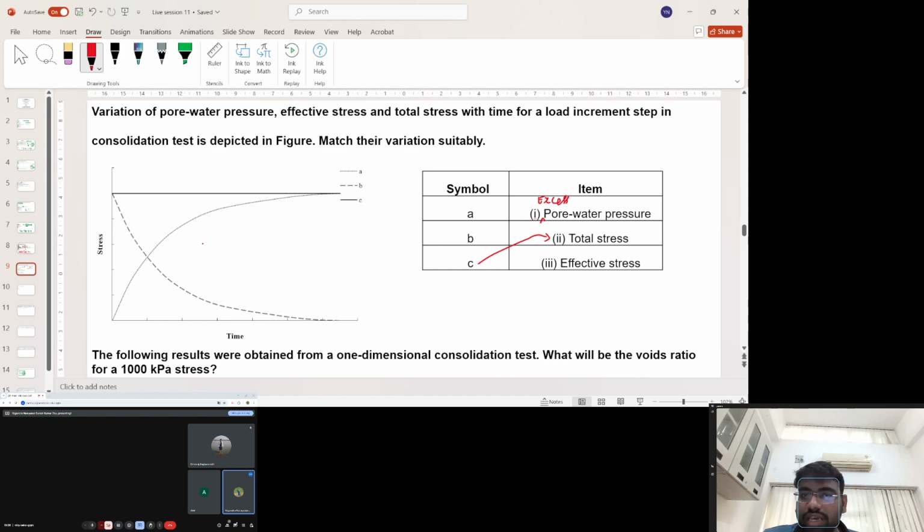B is for excess pore water pressure, and A is for effective stress. So it tends to zero, and it tends to the total stress value.